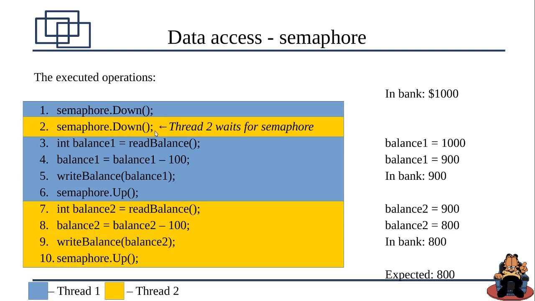Similarly as before, the blue is thread 1, the yellow is thread 2, and we want to run them concurrently. Okay, so in the bank we have 1000 bucks. We start our two threads.